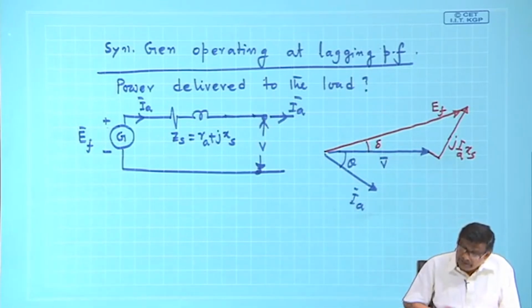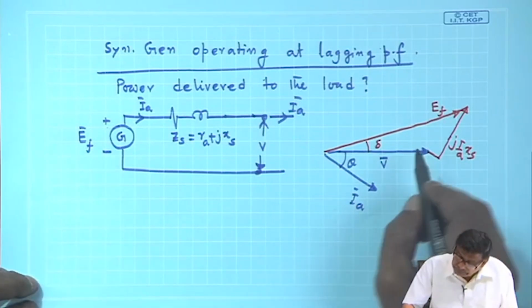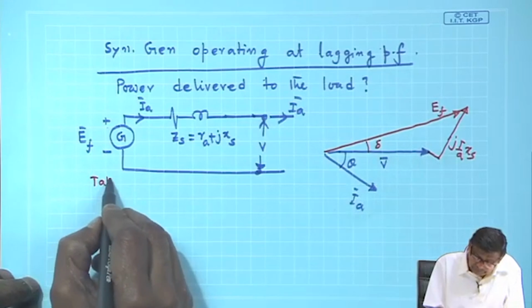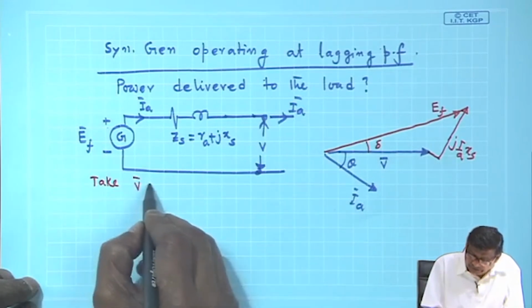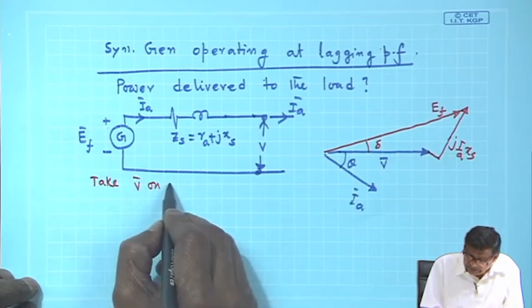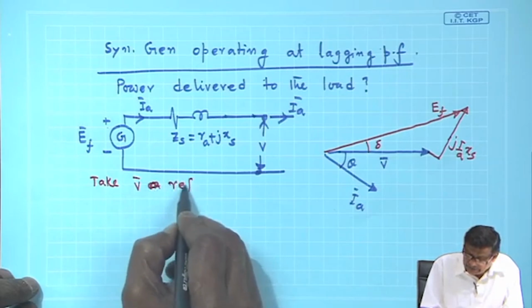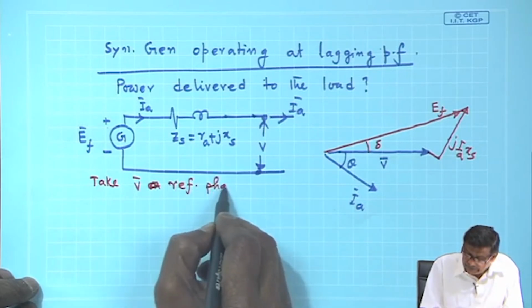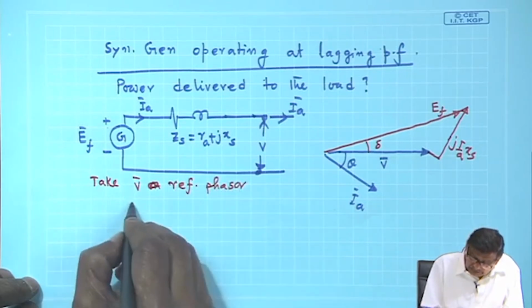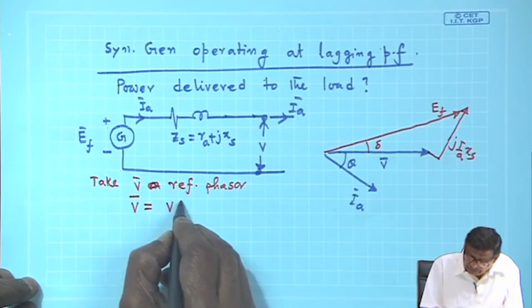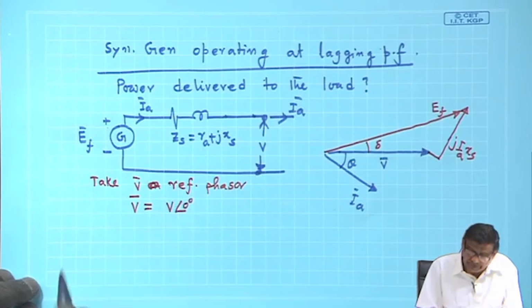Now, what I do is this: I say take V as the reference terminal voltage, V, take V as reference phasor, so that I will say V is equal to its magnitude and angle 0 degree. That is what I am telling.